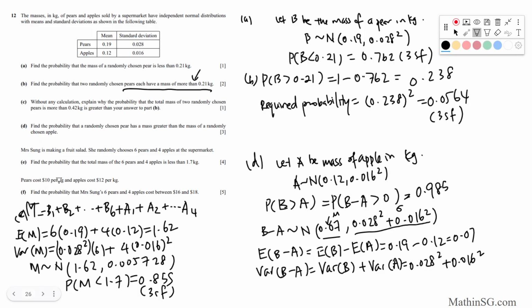Then part F, find the probability. Pears cost $10 per kg and apples cost $12 per kg. Find the probability that Mr. Song's 6 pears and 4 apples cost between $16 and $18. So maybe let me erase these here first.